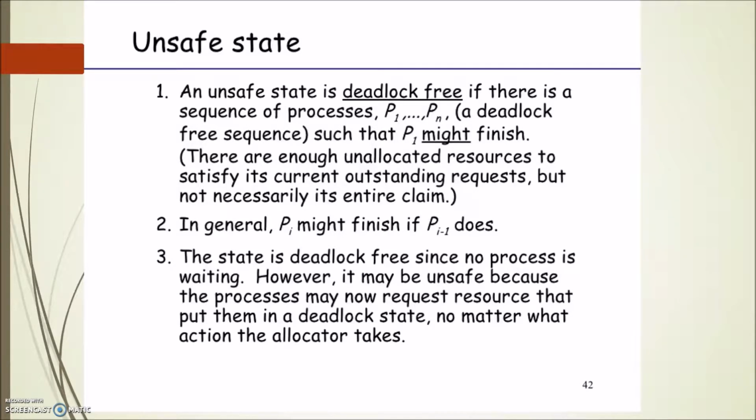In general, Pi might finish if Pi-1 does. The state is deadlock free since no process is waiting. However, it may be unsafe because the processes may now request resources that put them in a deadlock state, no matter what action the allocator takes.